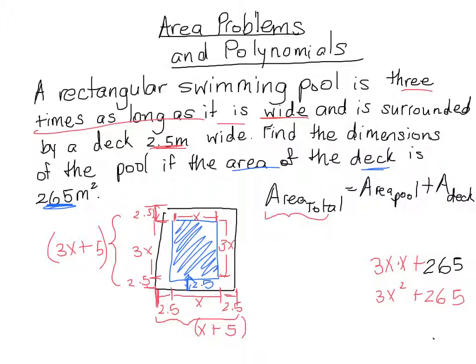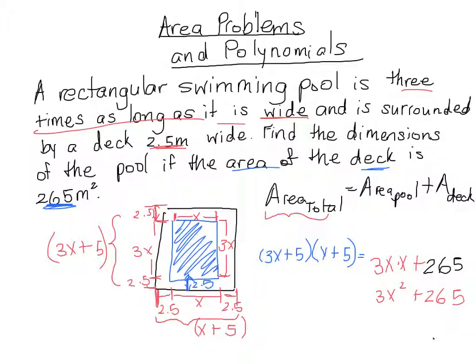So we have here 3x plus 5, and remember that area is length times width. So 3x plus 5 times x plus 5 is an expression for the area of the whole thing, length times width. And that would give you what we figured out before.